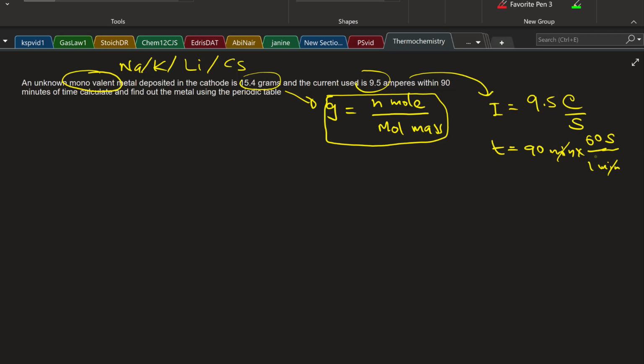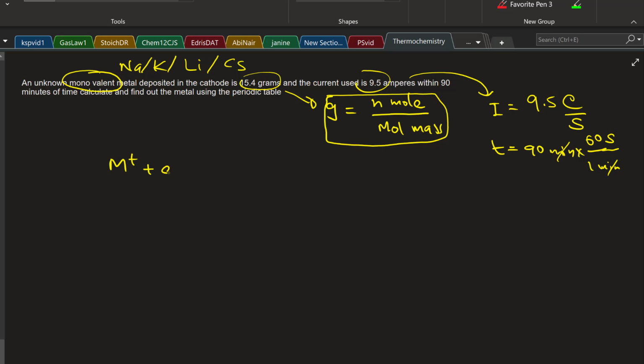So let's see what we get here. So I is good, T is good, and then Q is going to be linked to the grams. Basically, if you know the grams, you're going to get the molar mass or the moles, right? So that's how we can go. We can actually find the moles, the molar mass, the grams, the T, the I, or C, right?